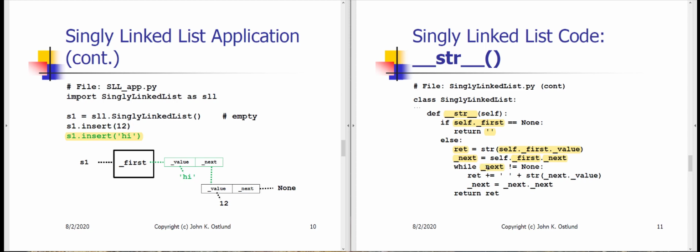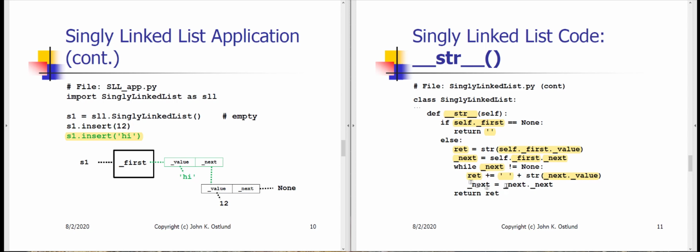So if _next is not None, that is, if we're not at the end of our list yet, what we're going to do is to this ret value, we're going to append one space followed by the next node's value converted to a string. And then we're going to modify next to be the next node.